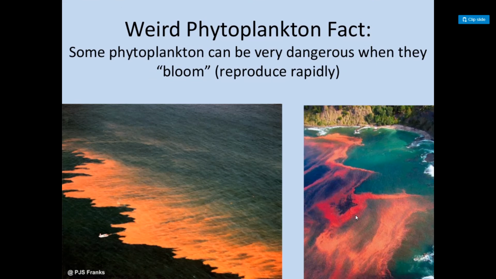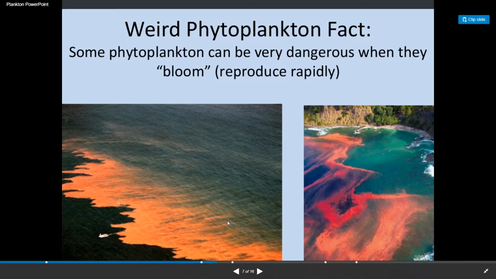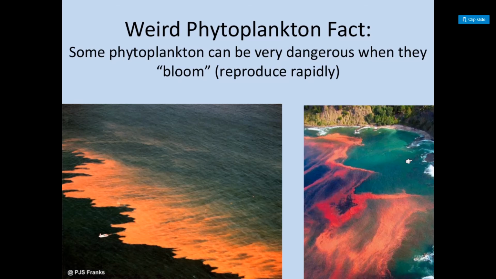So, weird plankton fact, some phytoplankton can be very dangerous when they bloom or reproduce rapidly. This would be a red tide. This can create a fish kill. If you have asthma or respiratory problems, it can make those problems worse. It can make you sick.